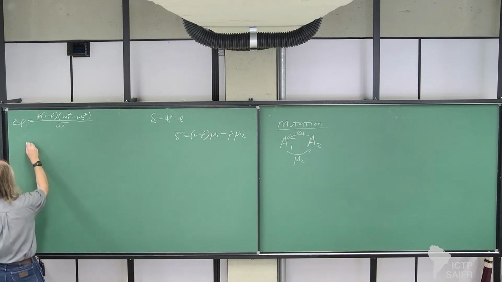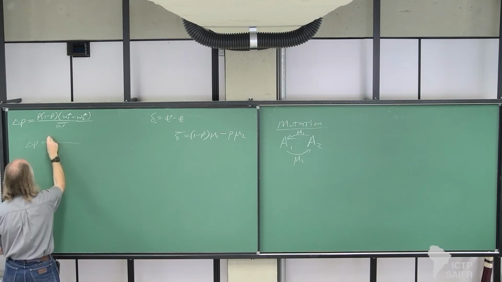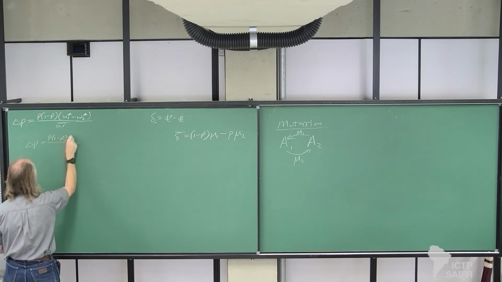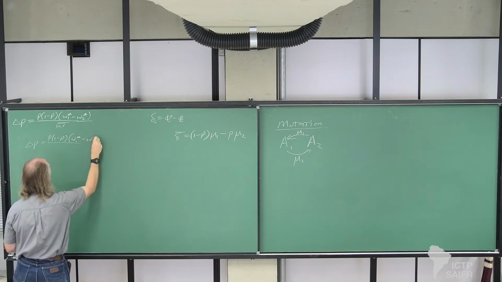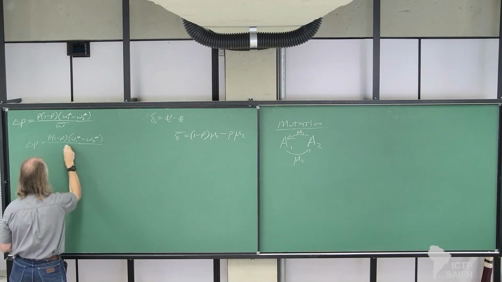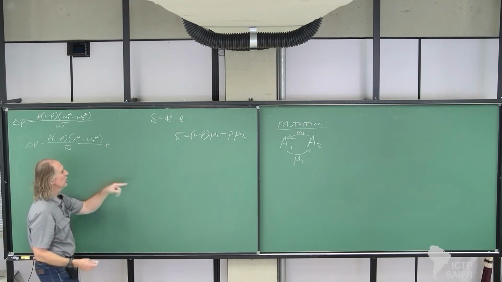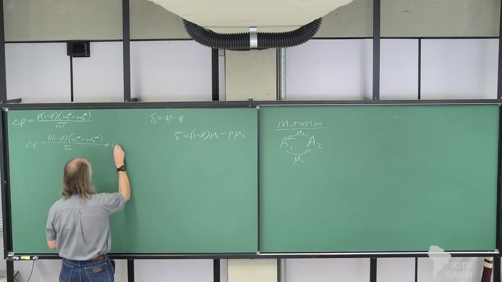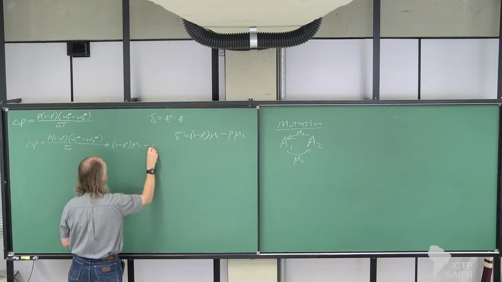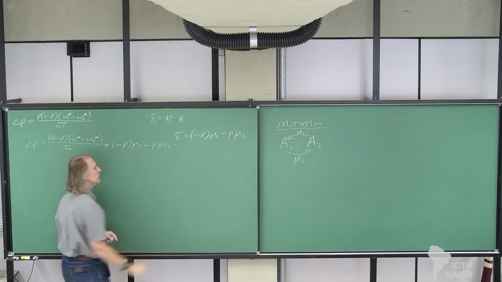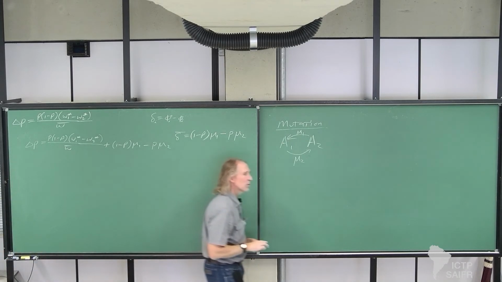Let's now write delta P is P times 1 minus P, W1 star minus W2 star over W bar, plus that delta bar. So plus 1 minus P mu1 minus P mu2. That's the change, including both selection and mutation.